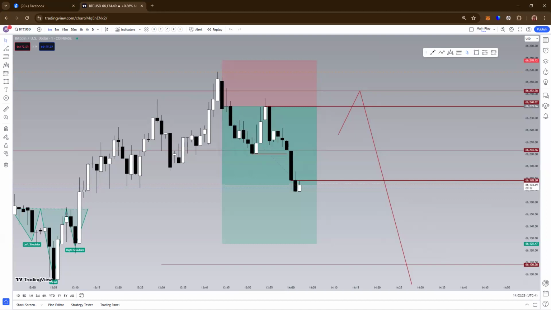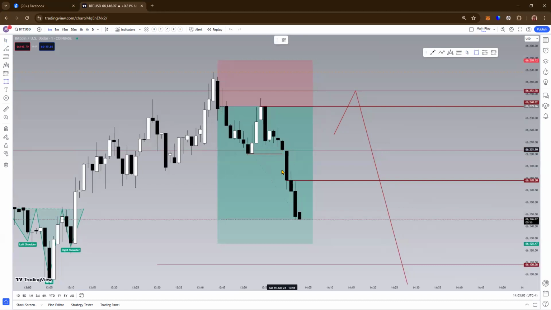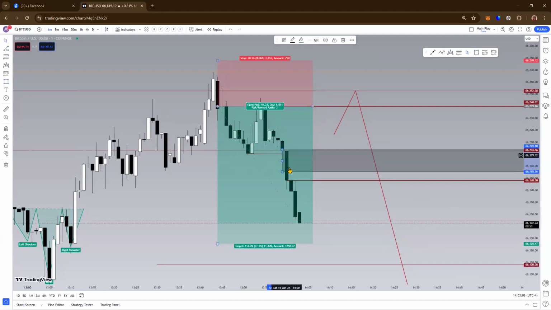Remember, there's fair value gaps along the way, so the market's got to pull back, right, and satisfy those fair value gaps. There's one gap between this candle and that candle.